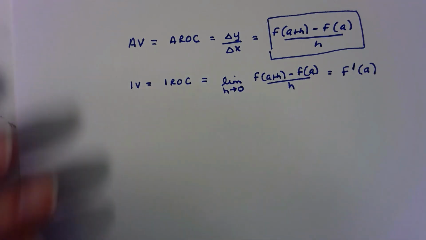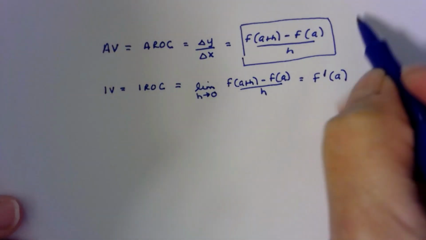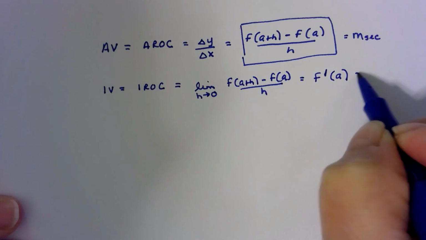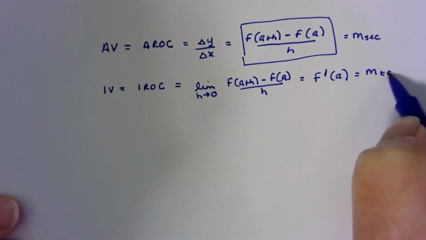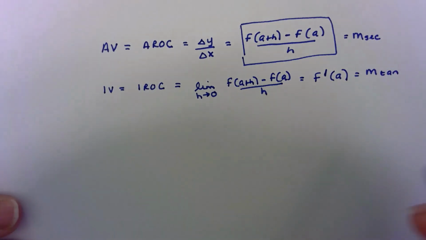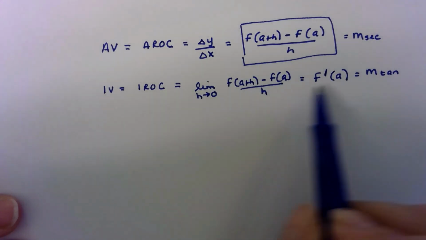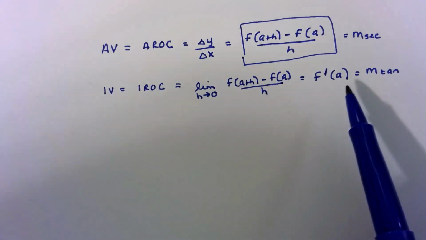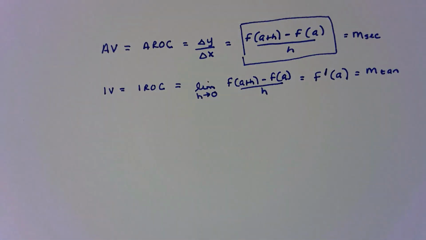The average rate of change is also equal to the slope of a secant line. This is equal to the slope of a tangent line. So this is the derivative function, the rate of change, and if we're evaluating the derivative of a function at some point, it's going to be the same as the slope of the tangent line to the graph at that point.